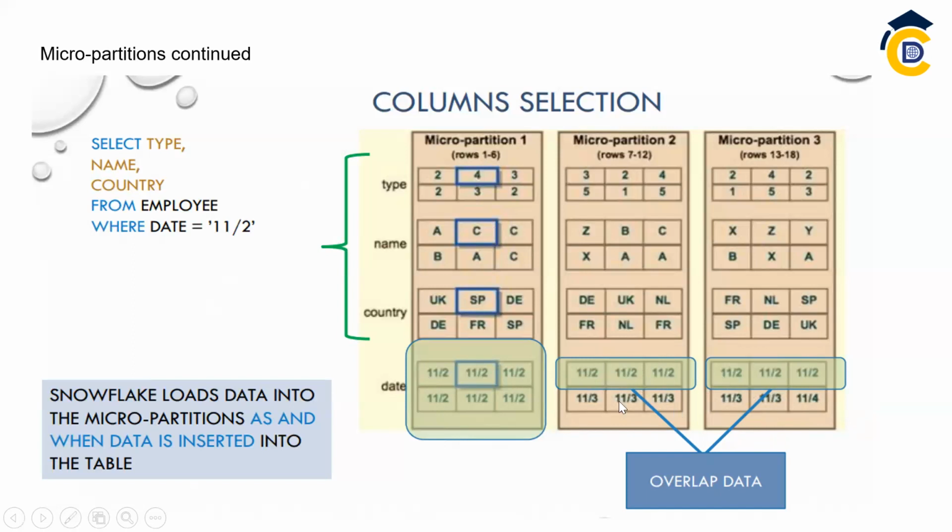That is why they have overlapping data, which means they have some other value also apart from 11 by 2. If you consider 11 by 3, you have these 2 overlapping partitions, because you have 11 by 3 in this micro partition, and you have it in this micro partition also, but apart from it, you have other values, 11 by 2 and 11 by 4. If you talk about 11 by 4, it doesn't have any overlapping partition. It is just in this partition itself. Correct? So this is what overlapping means.